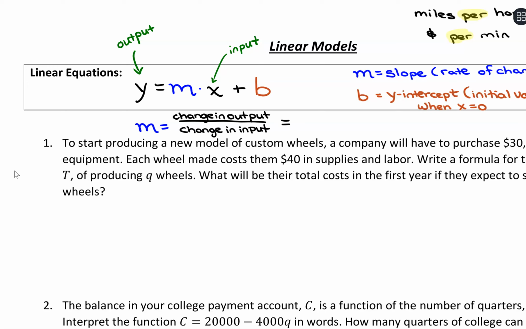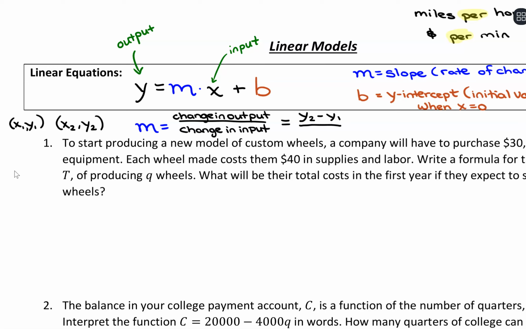Another way we can think of slope is if we think of having two coordinates. So if we have some x coordinate and some y coordinate, and then a second x coordinate and a second y coordinate, in the numerator, we're taking a difference of those y coordinates. So I'm going to write this as y2 minus y1.